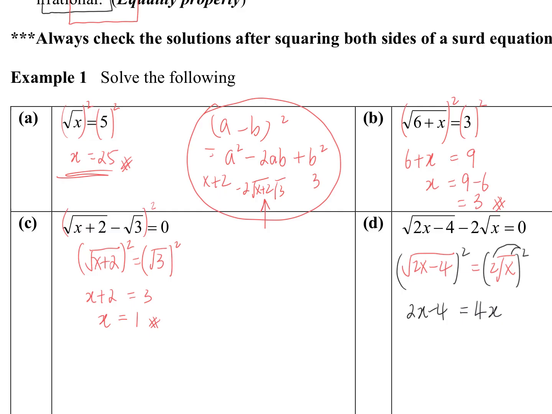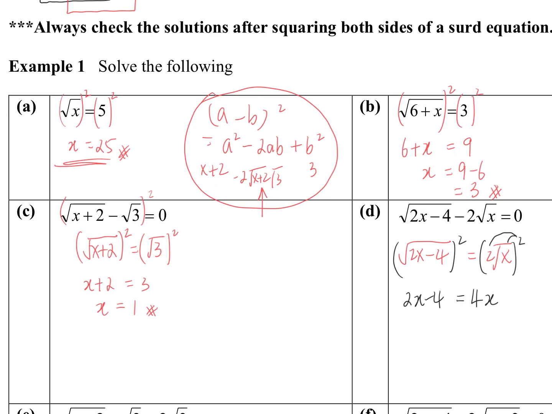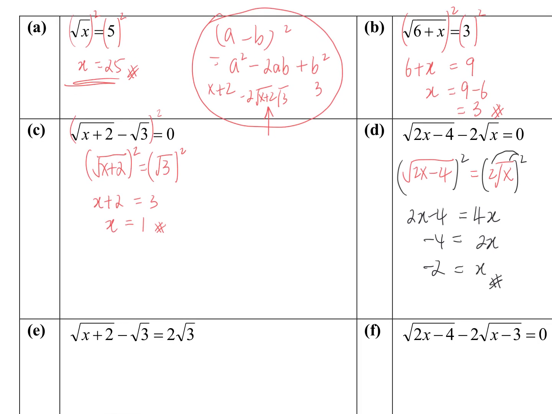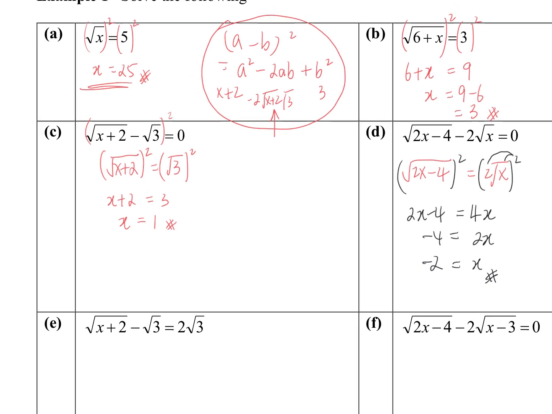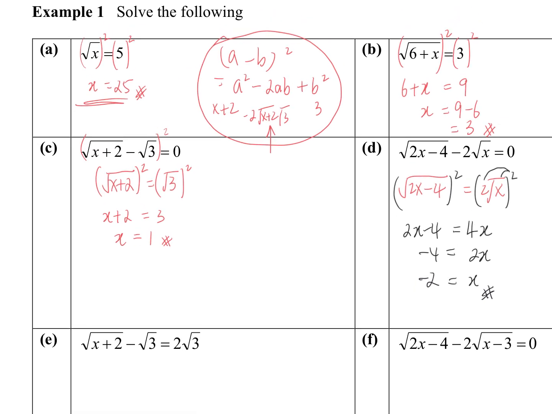Okay. So when you start solving this, 2x is -4, so x is -2. Solving, I'm not worried. It's just how you simplify the problem.